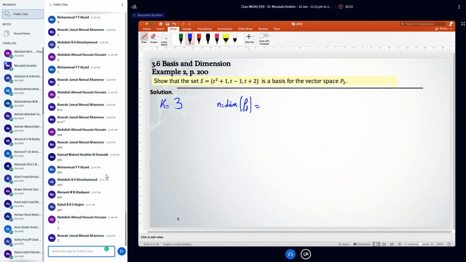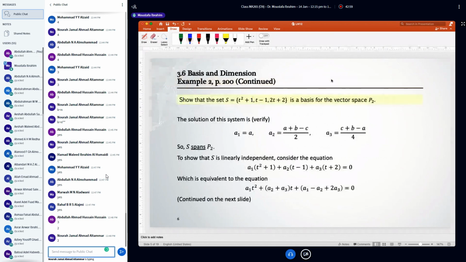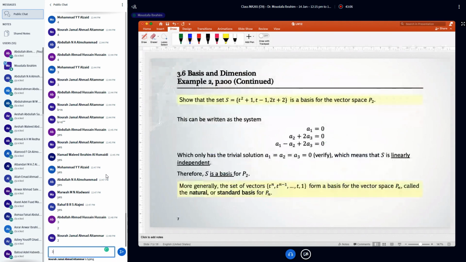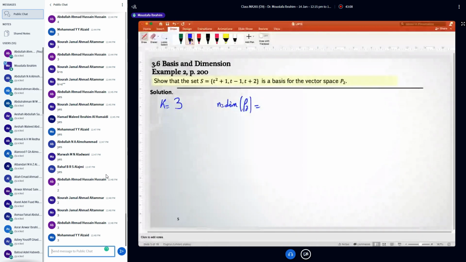The dimension of Pn is n plus 1. So the dimension of P2, 2 plus 1, means 3. Pay attention, so we have k equal n. Again, it's enough to prove only linearly independent.